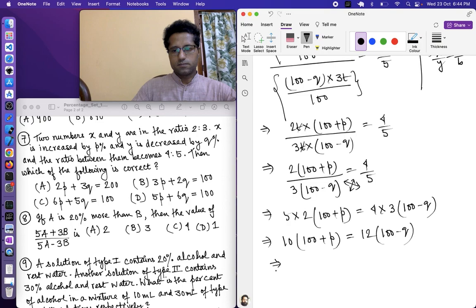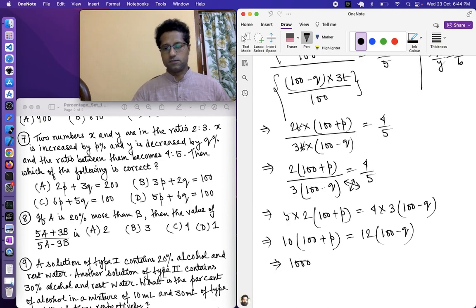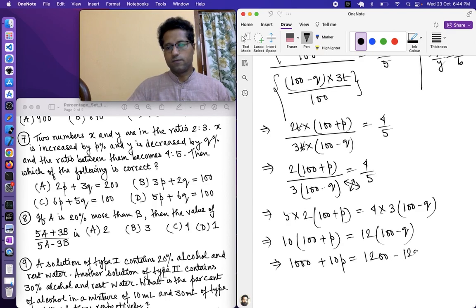If we further simplify the products on both LHS and RHS, we get 1000 plus 10p is equal to 1200 minus 12q.